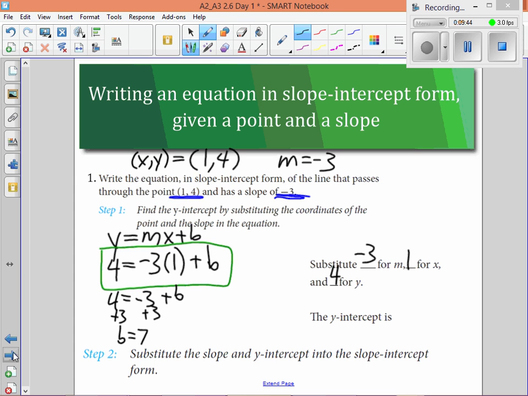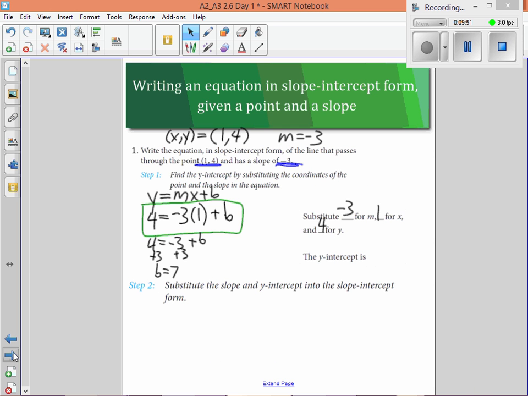Step 2, substitute the slope and y-intercept into the slope-intercept form. Now that I know what my b is and I know what the slope is, this is the exact same work as we were doing a couple of slides ago. b is 7, which we solved for, and we're given the slope of negative 3.